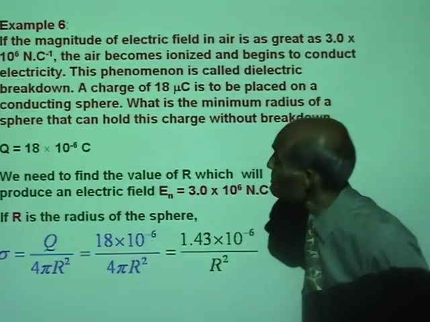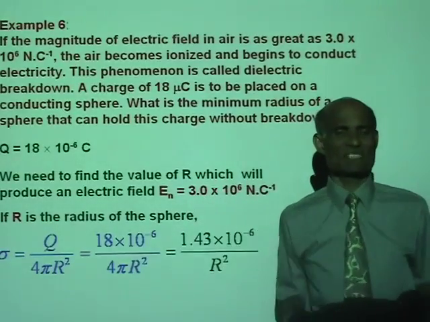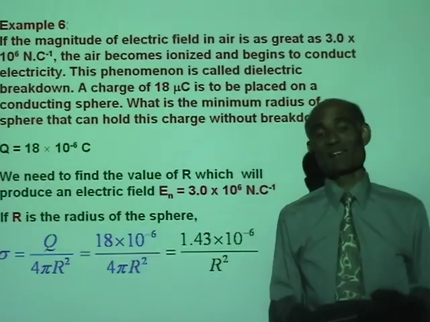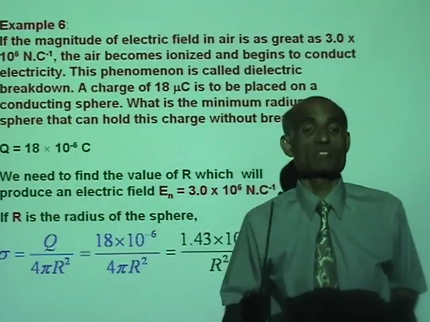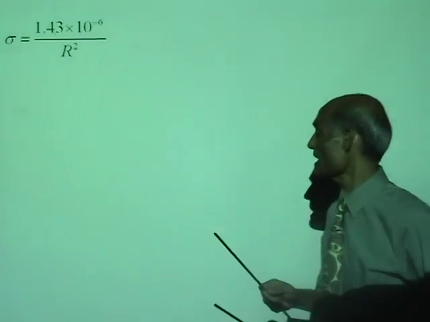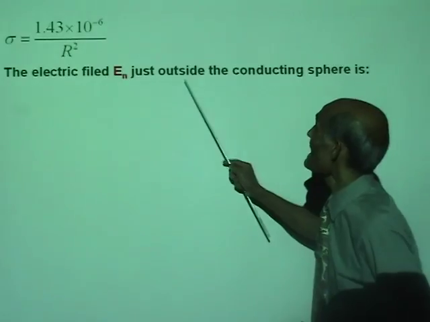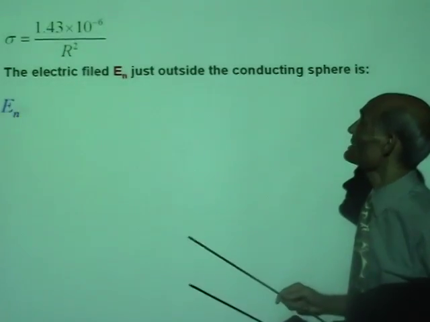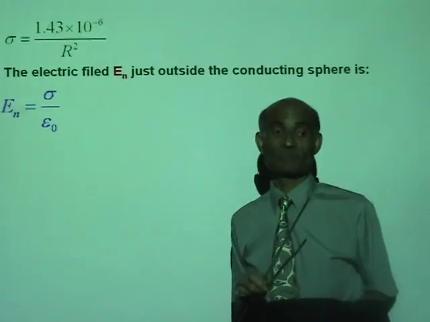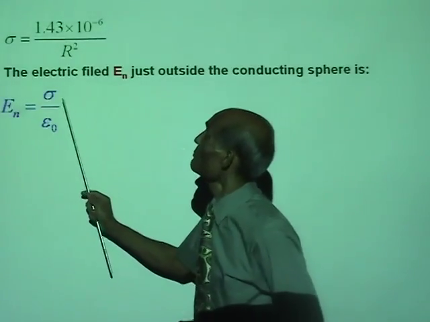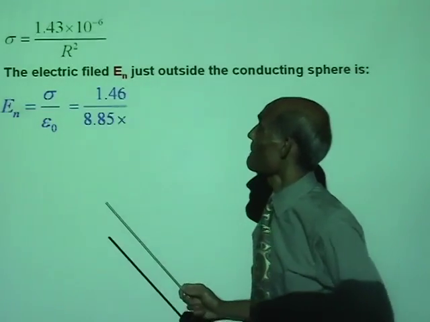And what is the expression for electric field just outside a conductor? The expression for electric field just outside a conductor is sigma over epsilon naught. The electric field En just outside the conducting sphere is sigma over epsilon naught. That means this value of sigma has to be this.